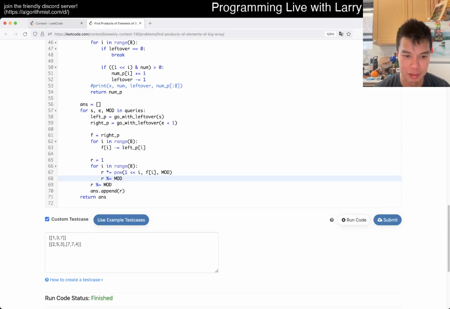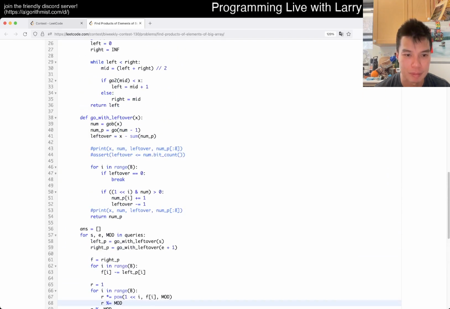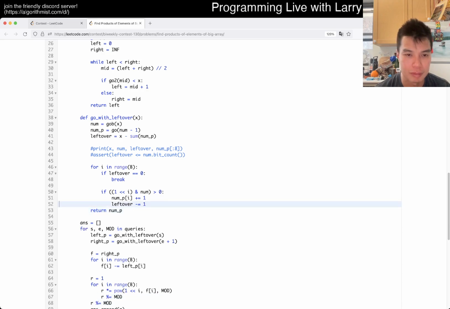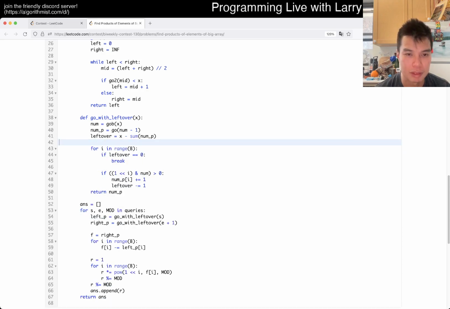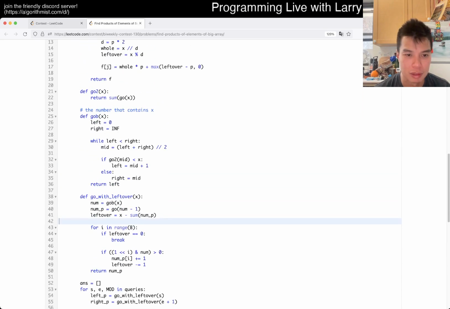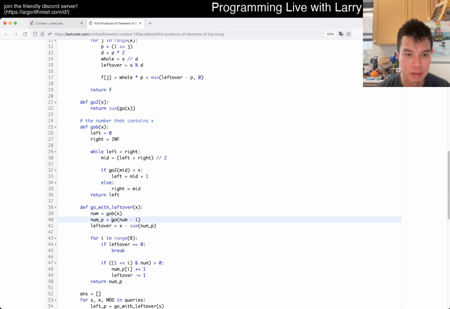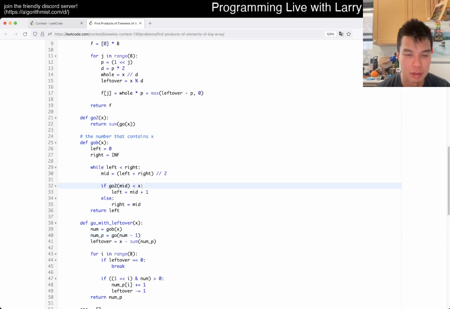Tempting to submit to some. Definitely not a sort. Maybe this function, if I don't do it as a function.